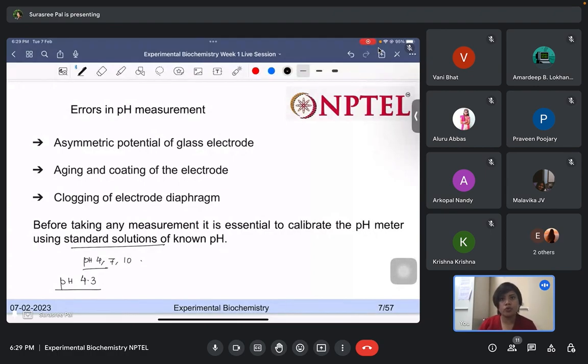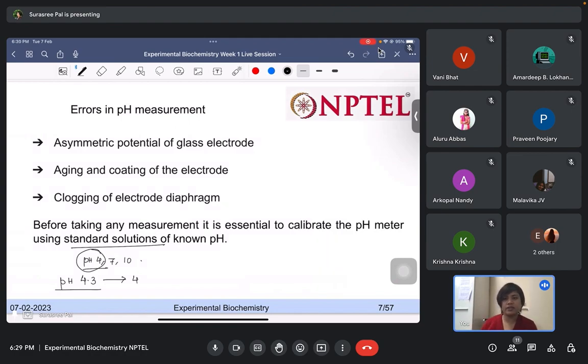Therefore we have to calibrate the pH meter accordingly. So we allow the pH meter to calibrate and we enter this value of 4, right? And then the pH meter will adjust itself according to that, and it will now show the value of pH 4 in a pH 4 solution.